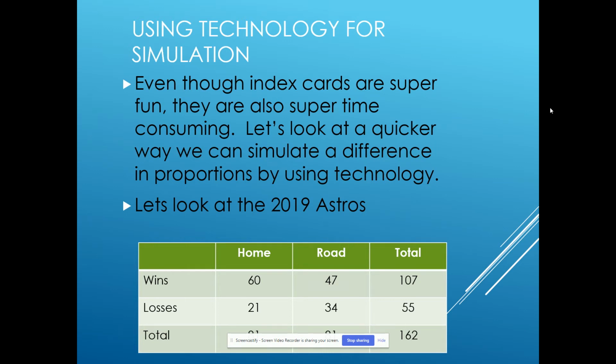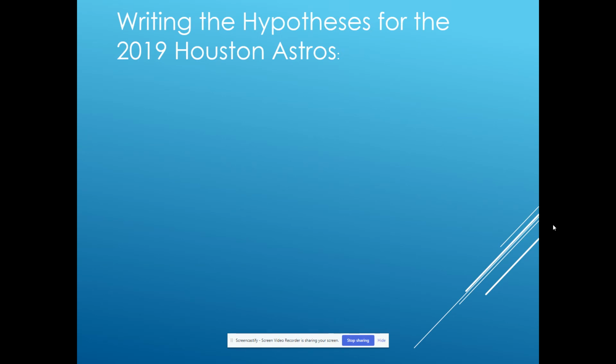This is a pretty hot topic right now around the sports world. They went 60 and 21 at home, so 60 wins, 21 losses. They went 47 and 34 on the road. They went, for the season, 107 wins to 55 losses. Clearly, I don't want to make note cards for this.